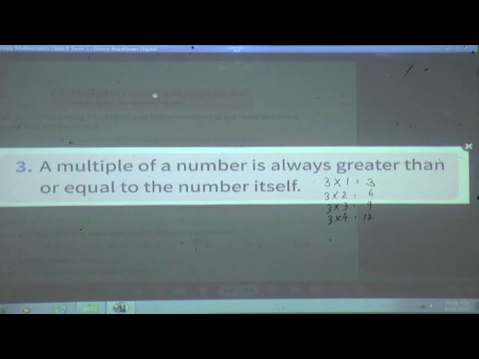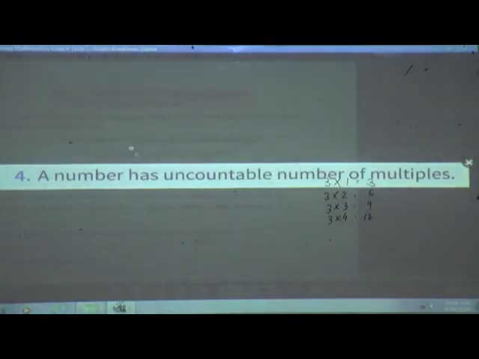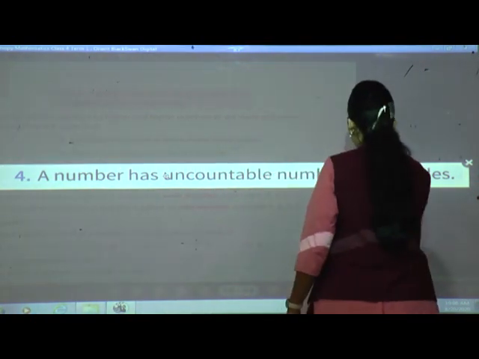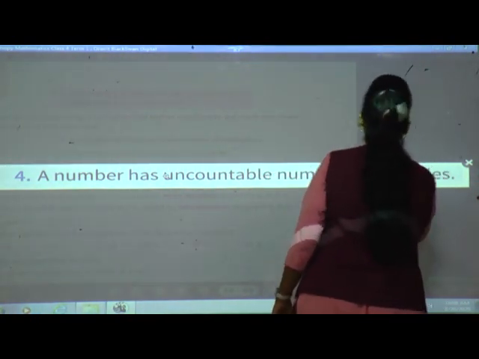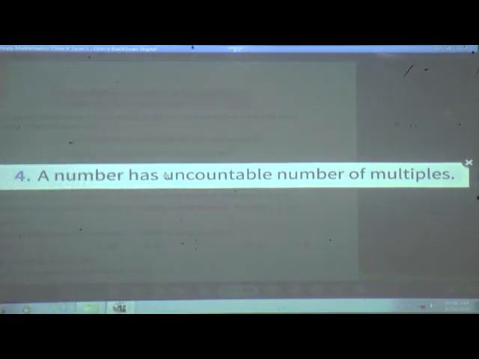Understood? Now we will study the next property. Now the fourth one. What is the fourth one? A number has uncountable numbers of multiples. See, very simple. You can understand by reading the property only.